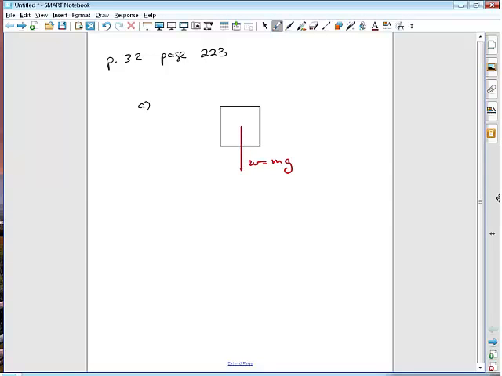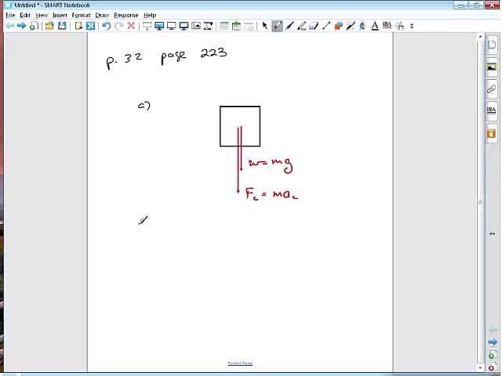And the centripetal force is the force that's required to hold this thing in a circular path. So there's going to be another force, which I'm going to show as this vector. That force, the centripetal force, is equal to mass times the centripetal acceleration. And at the bottom, it's the sum of the weight and the centripetal force.